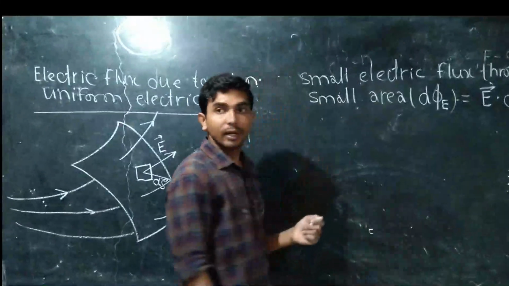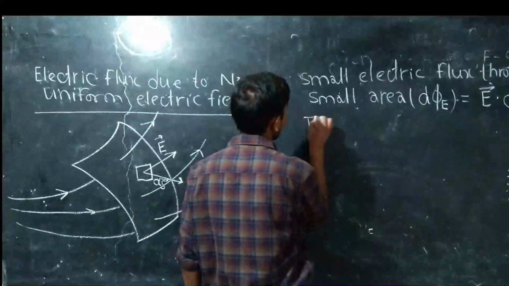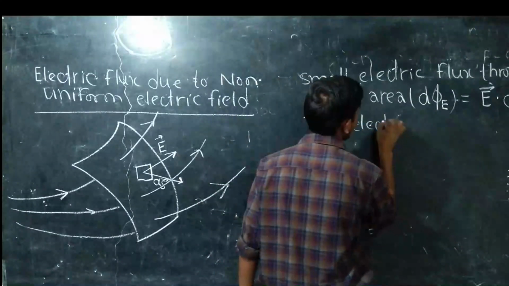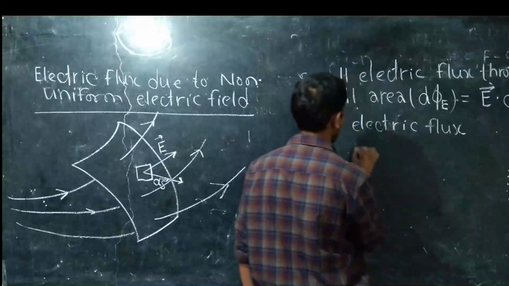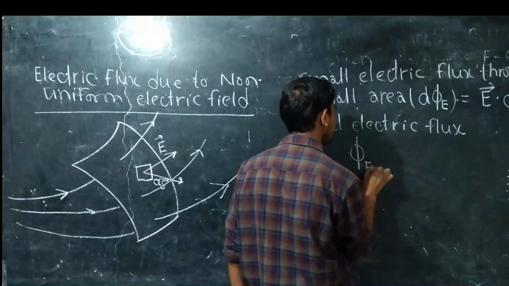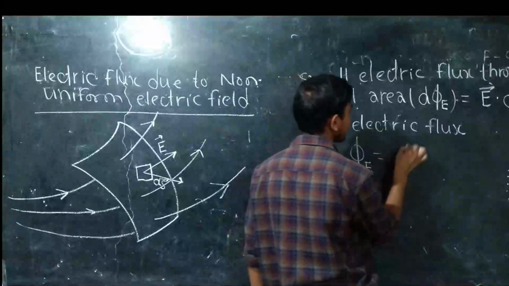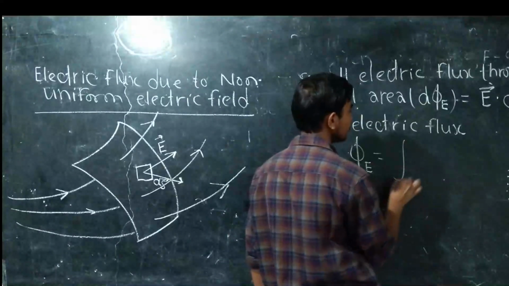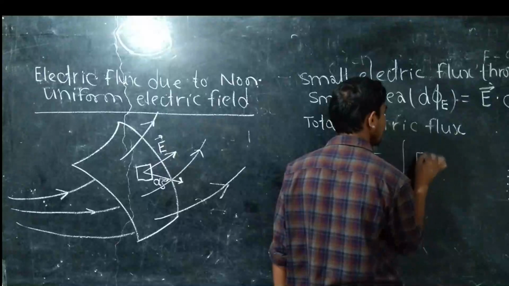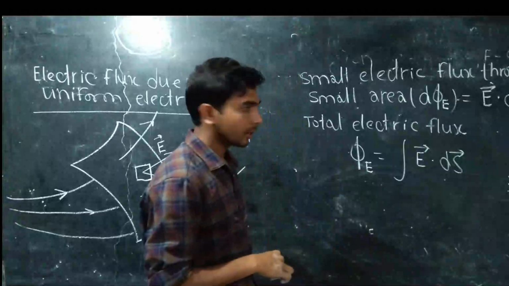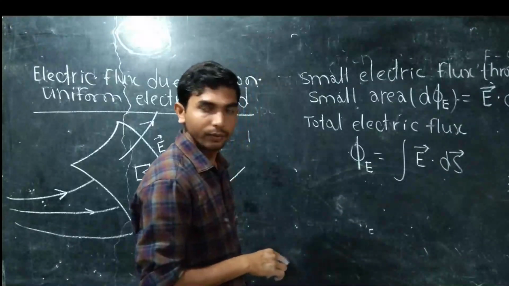So now the total electric flux phi E is basically the integration of E dot dS, okay?